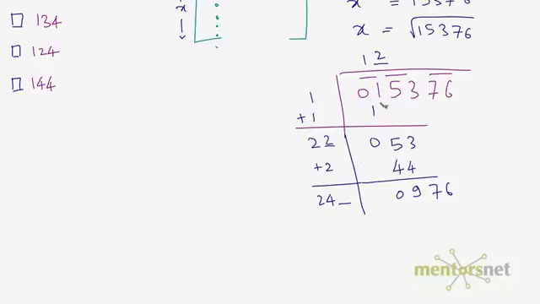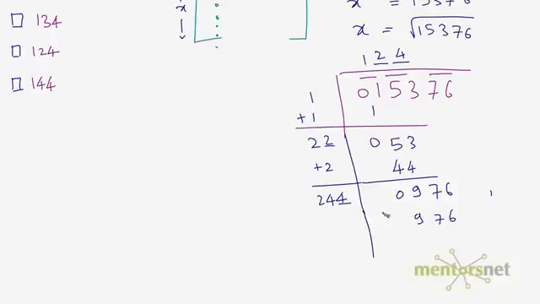So 24 blank multiplied with that blank gives you some number closest to 976. So what is that number that comes in this blank? Well, if we try 244 times 4, I think we would get 976. 244 times 4 gives us: 4 fours are 16, 1 carry. 4 fours are 16 plus 1 is 17, again 1 carry. 4 twos are 8 plus 1 is 9.